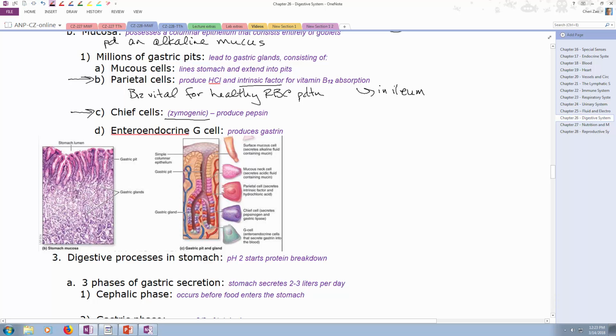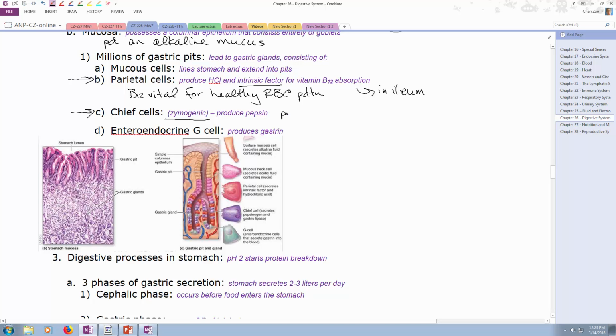Zymogenic is a very common name for them, so do keep that in mind. They produce the enzyme called pepsin. Now, it's produced in an inactive form, and once it gets into the lumen of the stomach where the acid pH is found, that activates it.